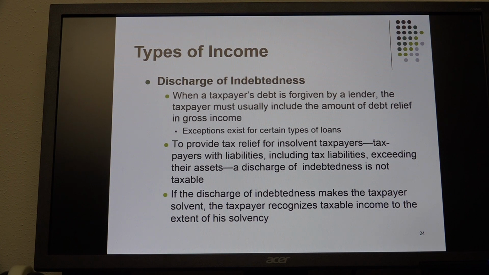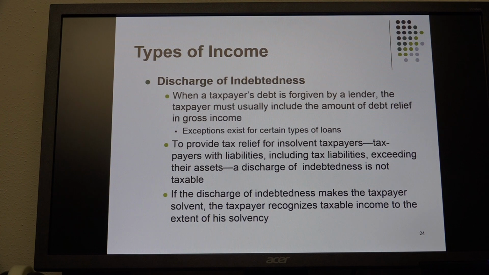So what do you have to do? Well, practically what you have to do is not include the 1099 in gross income. And if you want to be proactive about it, you could simply provide documentation that shows that you were insolvent at the time of the forgiveness of debt. Or you could be reactive and simply not include the 1099 forgiveness of debt income.